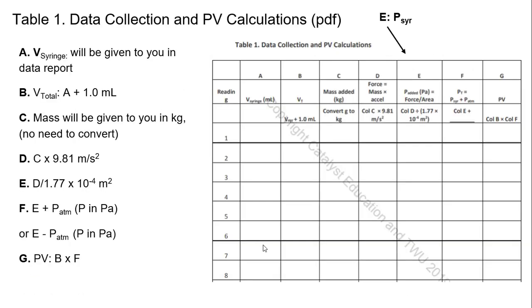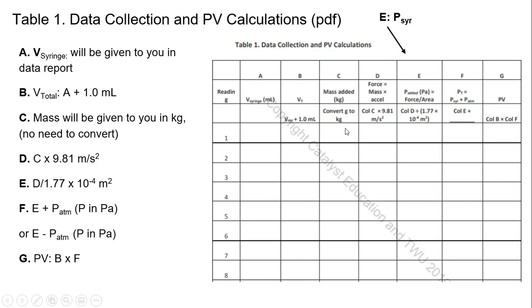This is your PDF and a chart. Your PDF shows you how to break down each step. LabFlow, when you enter your data, does not. So I'm going to break this down for you. A is the volume that you're given. You're given A and C. All you do is add 1 mL for the pigtail. So all these values here, pretty easy.